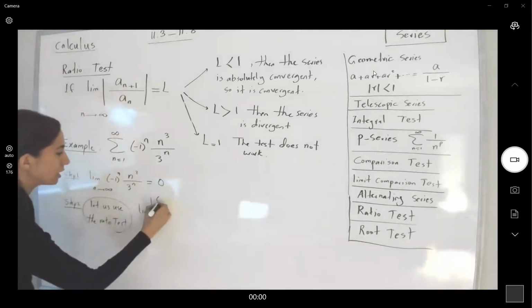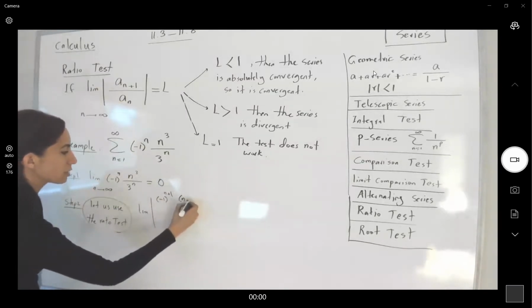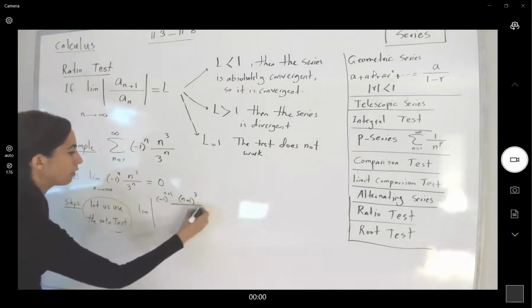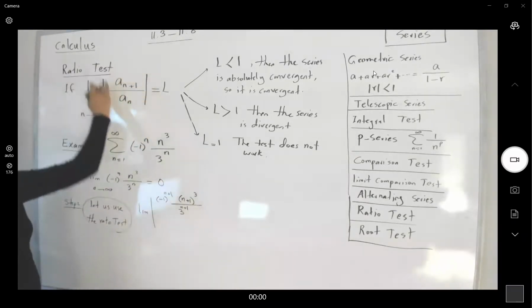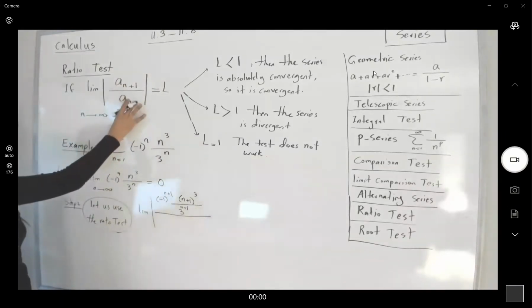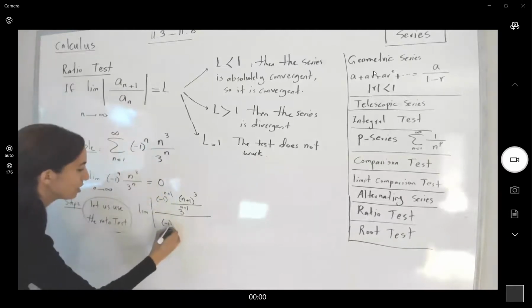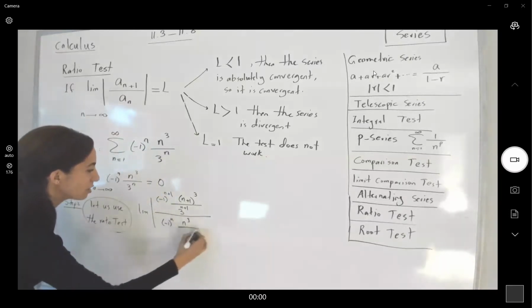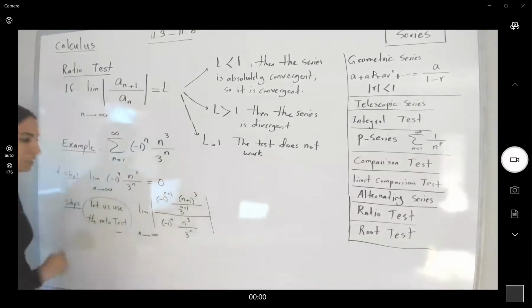So you have -1 raised to n plus 1, n plus 1 to the third, divided by 3 to the n plus 1. This is your numerator, divided by your denominator, which is a sub n itself. We copy down a sub n, which is -1 to the n times n to the third over 3 to the n, n goes to infinity.